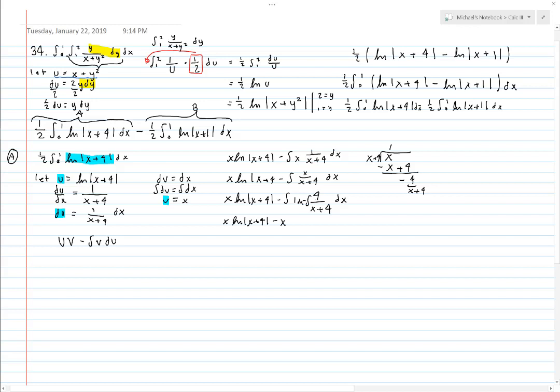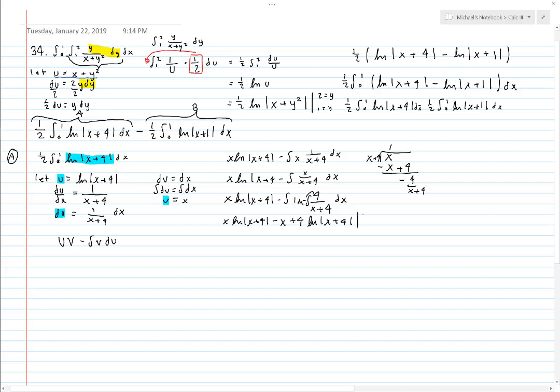So we pull the 4 out front, and so we're saying minus 4 ln of x plus 4. But we got to remember that we have the minus sign out front, so this is a plus. Okay, so that's what we get.